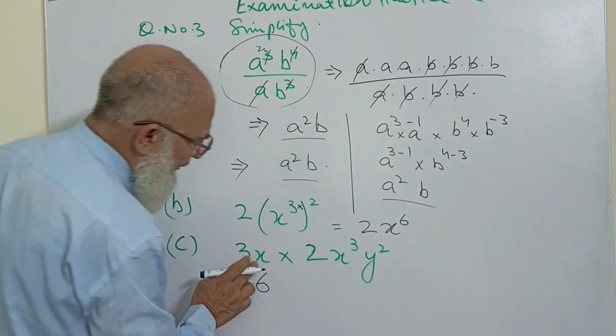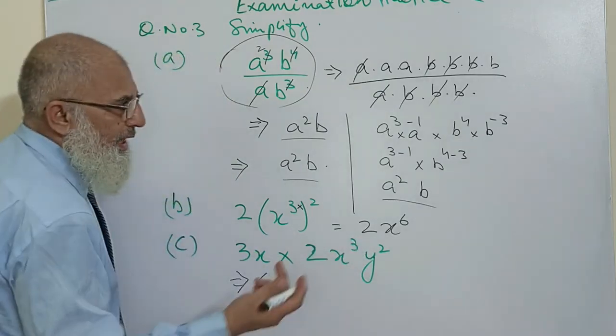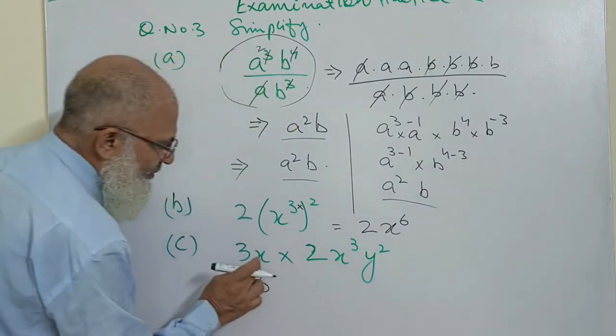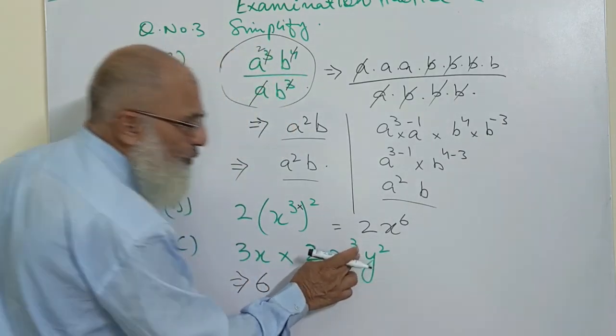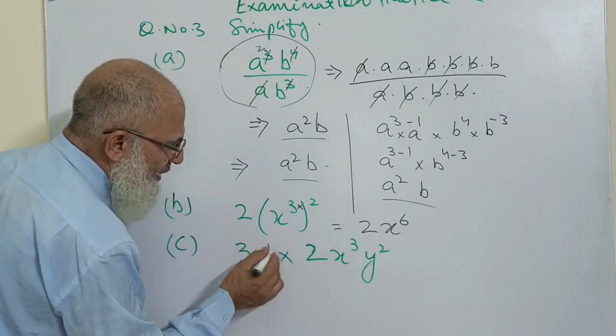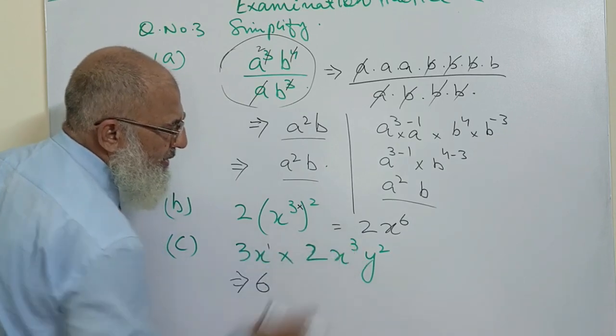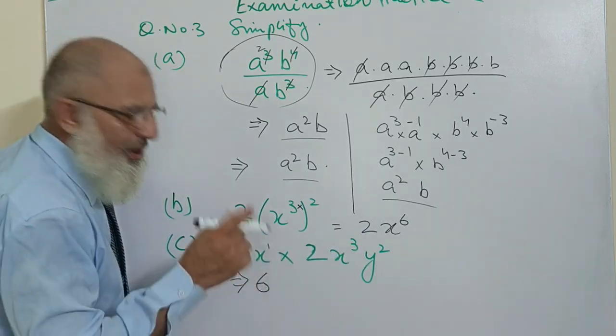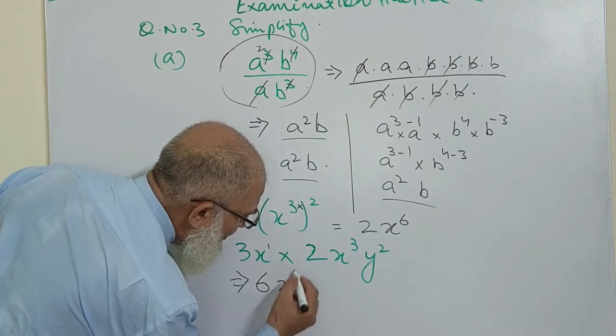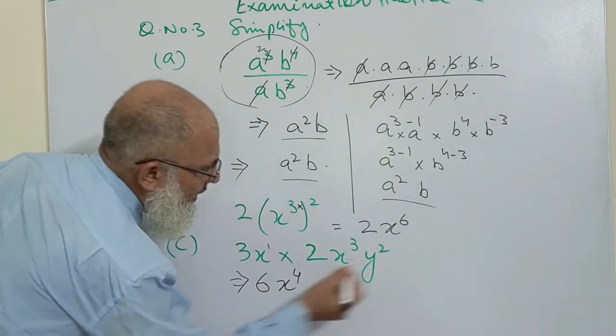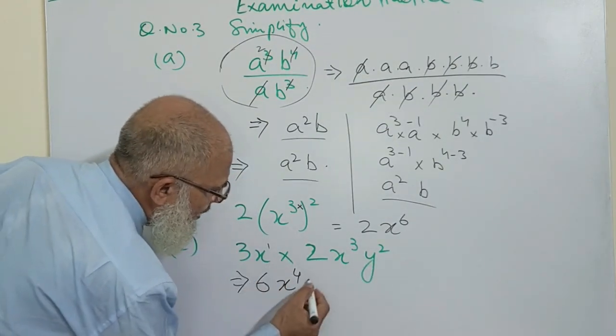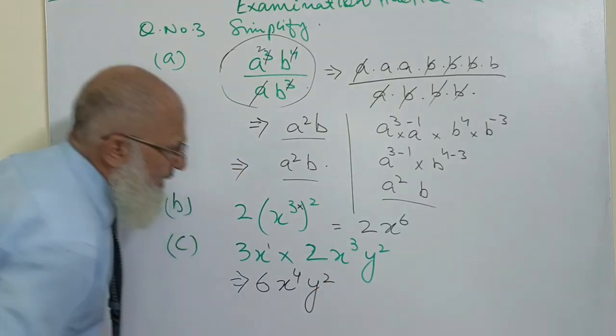And x times x cube, the bases are same, so you have to add the powers. Now this is 1 plus 3. 1 plus 3 is 4, so it will become x4, and there is no y over here, so y will be written as it is.